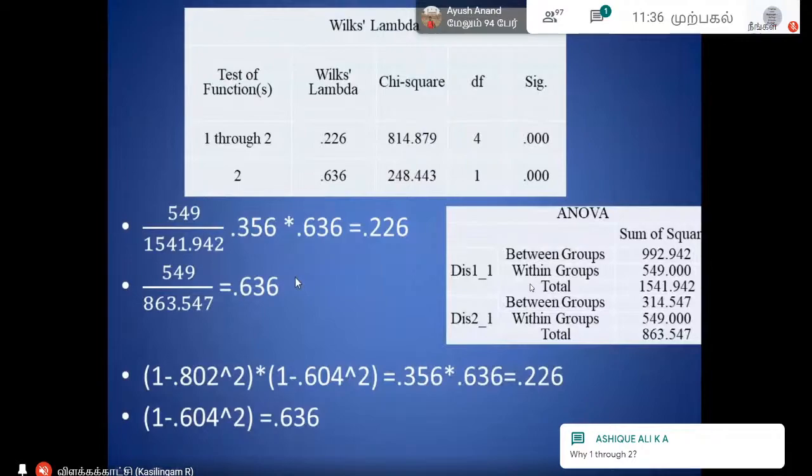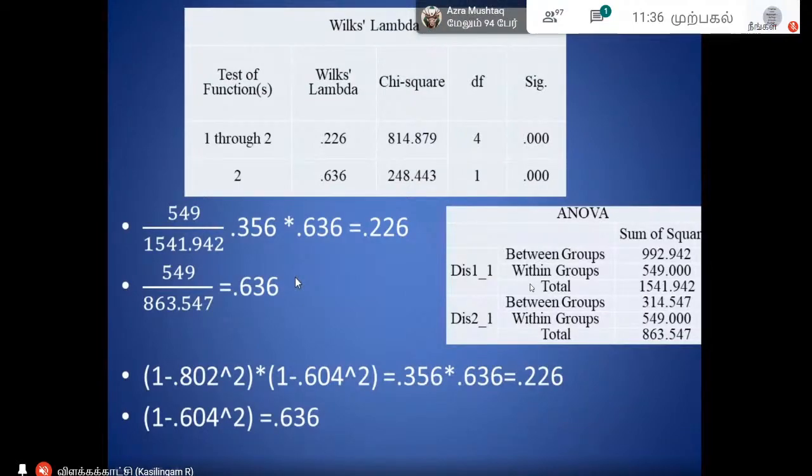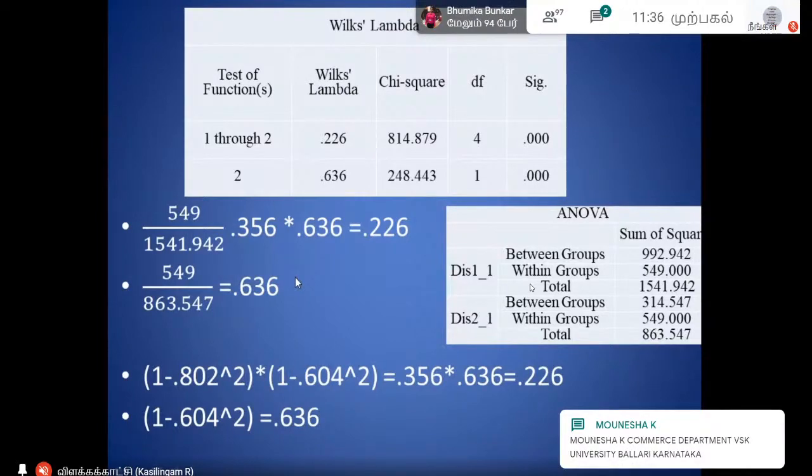Now, chi-square is significant, which means both functions are important. So Wilks lambda and the eigenvalue are used for deciding the importance of the function.